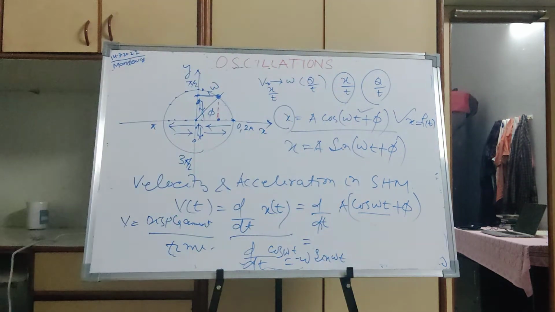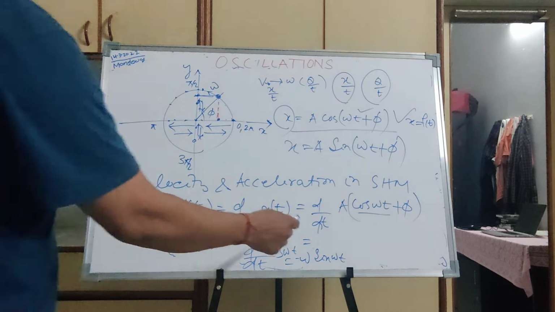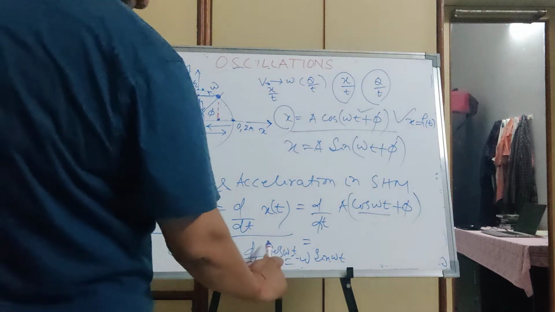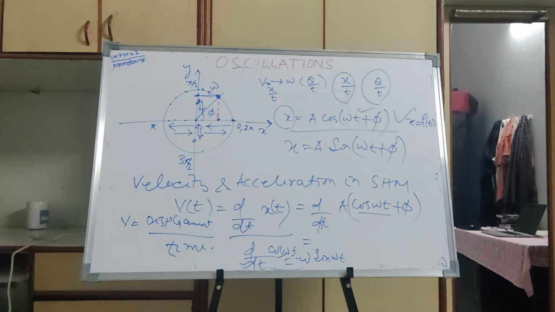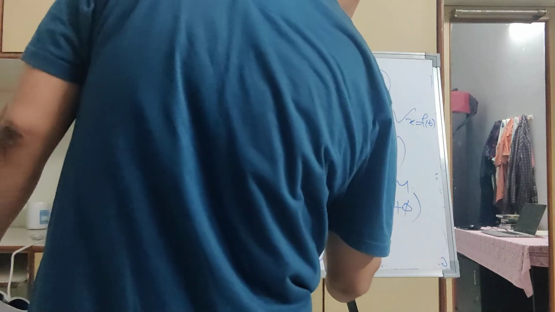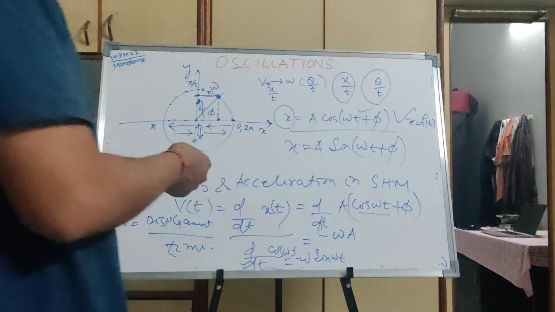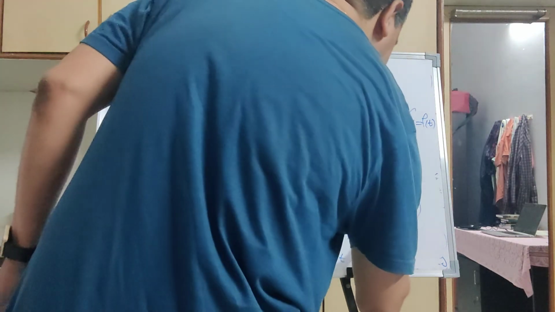You know that the derivative of cos theta is minus sin theta. And this constant term also will go outside. So the derivative of cos omega t is minus omega sin omega t. In this case it will become omega a, a will anyway remain the same, sin omega t plus phi.